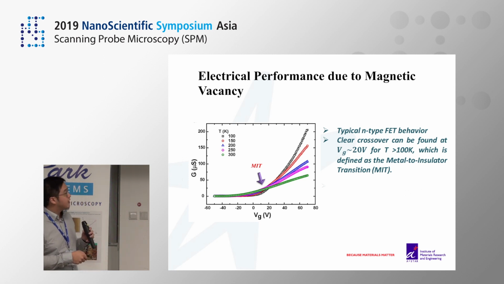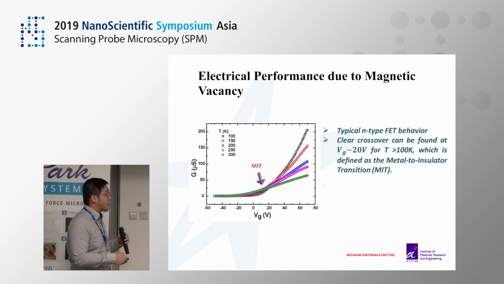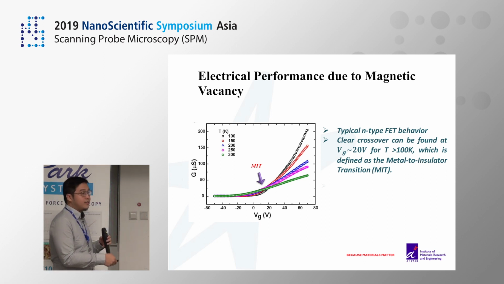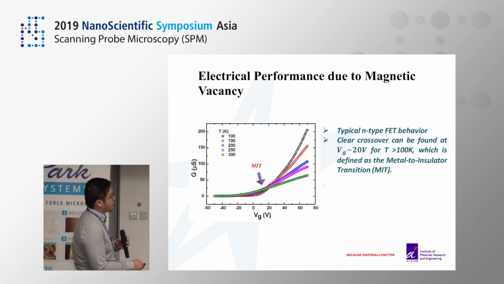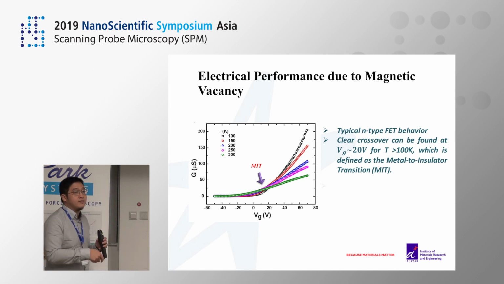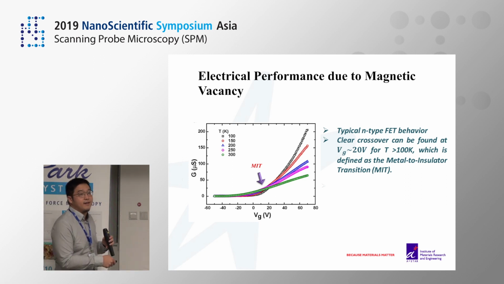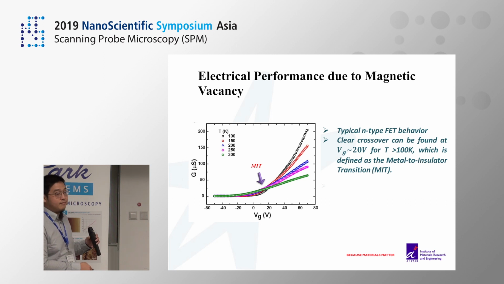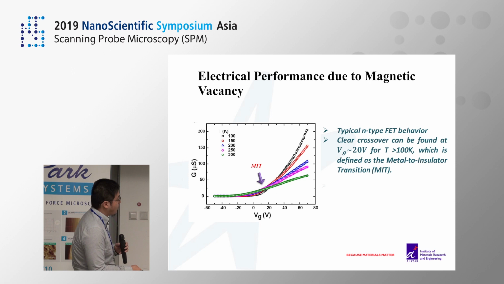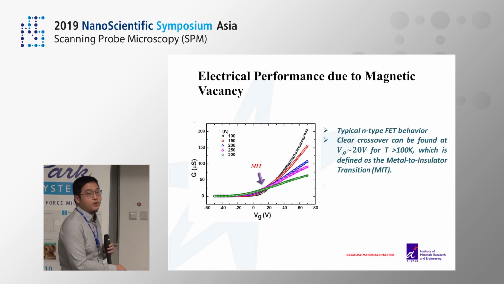It shows very typical n-type FET behavior, meaning electrons are the charge carriers in these materials. Here is a cross section for different temperatures. You can see that the electrical conductance increases when the temperature increases, which is typical insulating behavior, while on the other side it is metallic. So we call this crossing point the metal-insulator transition point.